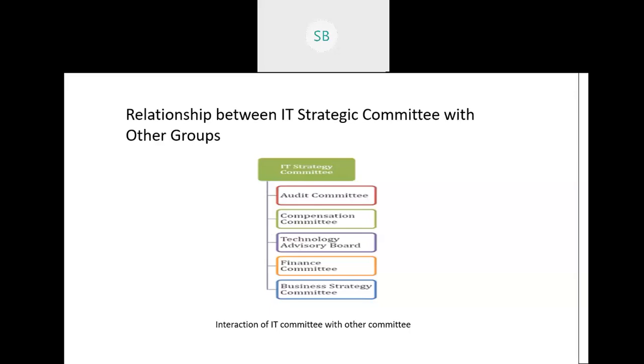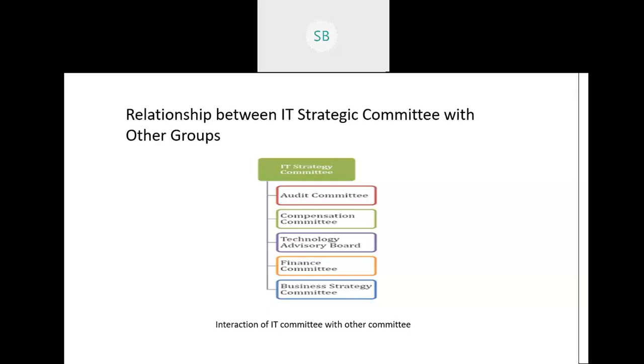Next we have the finance committee. Finance means something related to money. All the IT investments, where money will be spent, on infrastructure or any project, and how much needs to be spent, are decided by the finance committee.